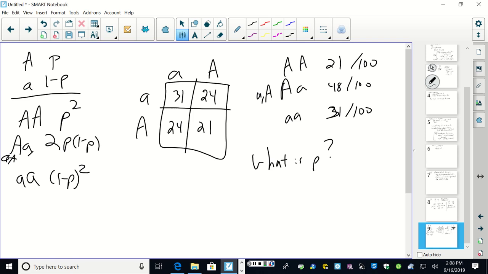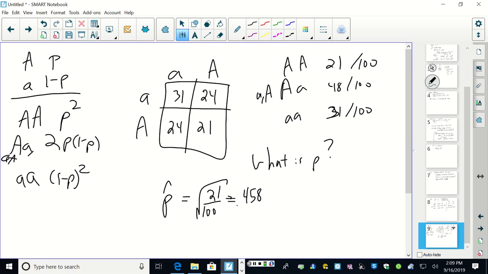P squared is supposed to be like this number, because this is the chance of getting double A's, and we have 21 people out of 100. So 21 out of 100 is supposed to happen with p squared. So one estimator, I'll just put a little hat over it, we could take our 21 out of 100 and take the square root of that. If that's our estimator, we get 0.458 as the estimate. I generated the data with 0.4, so that's not too bad, right?